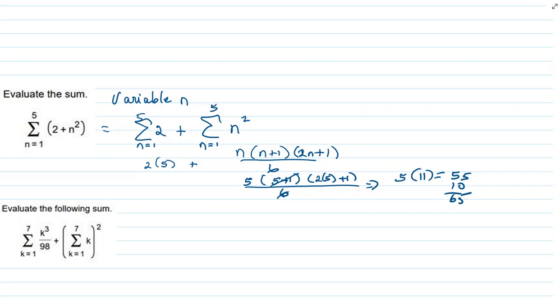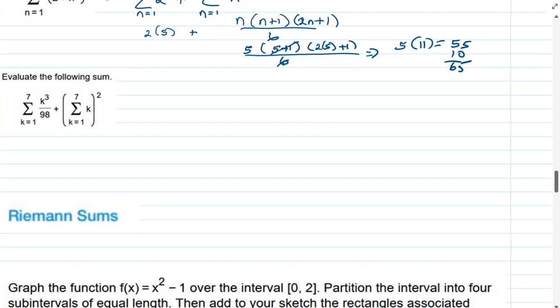I'm using the formula because we're going to be doing Riemann, and Riemann is a little bit different. So we're getting used to that formula that we started off with in the section. On this guy here, this one's flat out nasty. And we have a summation.